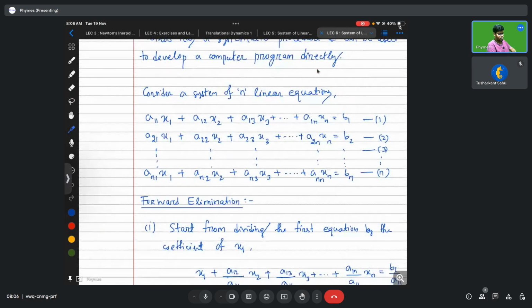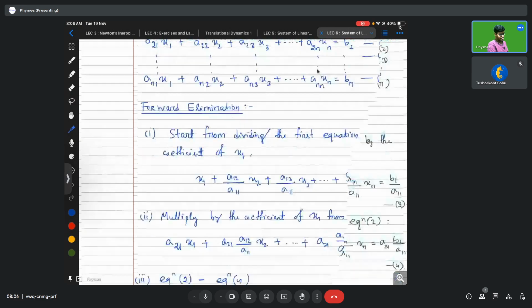In the first loop we will eliminate the x1 values, in the second loop we will eliminate x2 values, in the third loop we will eliminate x3 values, and so on, to make the coefficient matrix have an upper triangular form.